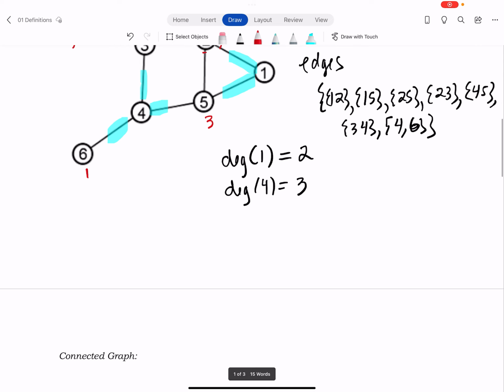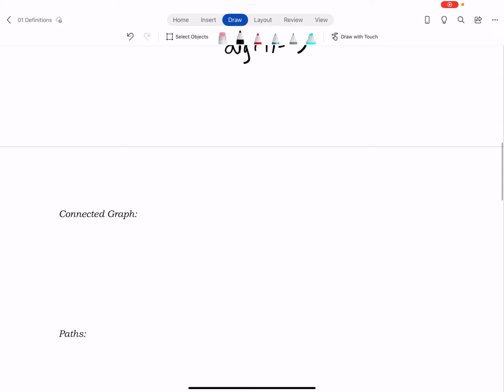So some more properties of a graph. A graph is connected if each vertex can be reached, is adjacent, to another vertex.